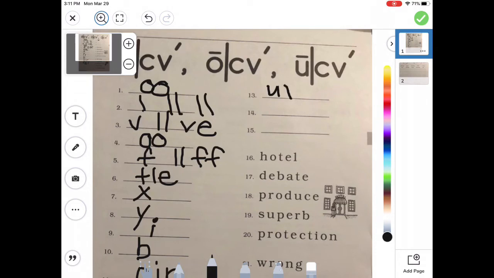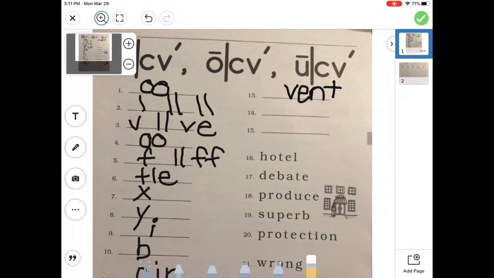V, E, N, T. Does that look right? No, we heard that sound at the beginning, and remember that can be a schwa sound. So I'm going to go ahead and erase that, and it's actually E. So event has that E in the front. Sometimes we just have to know it.